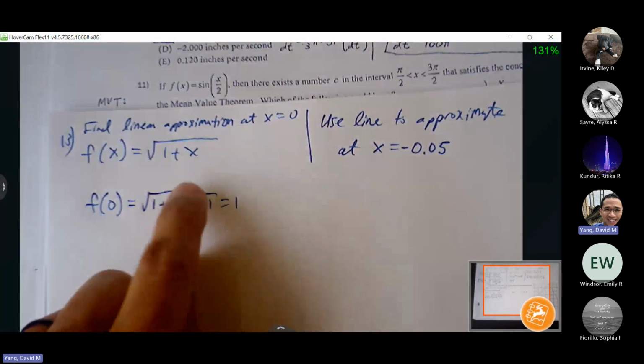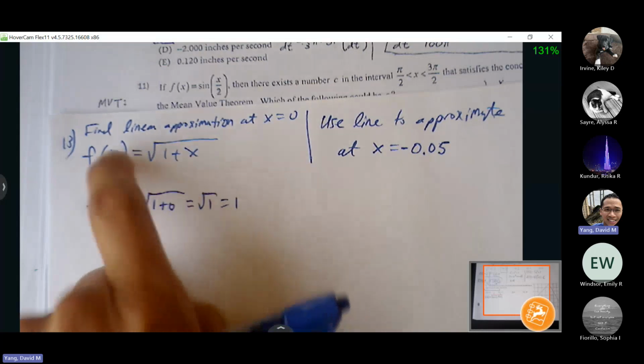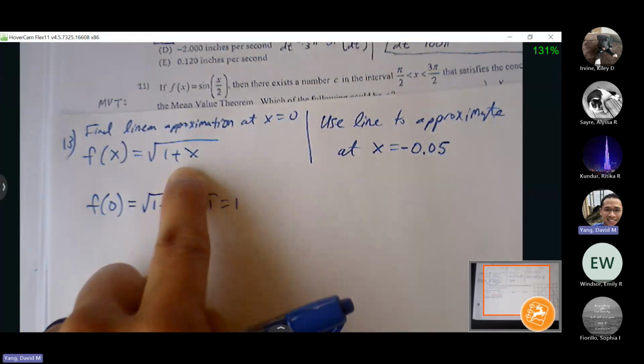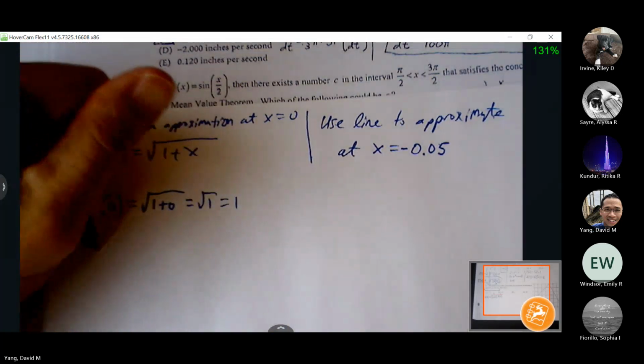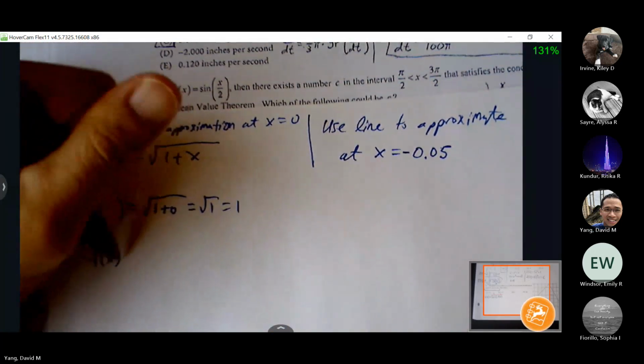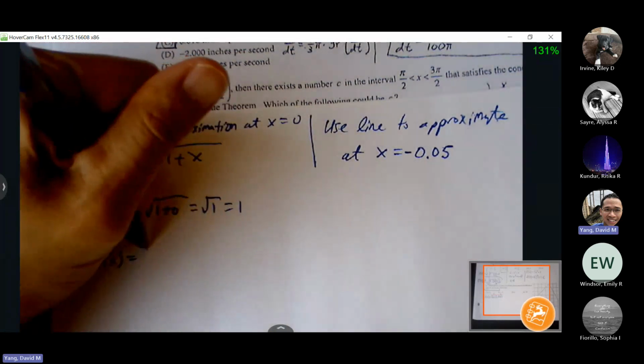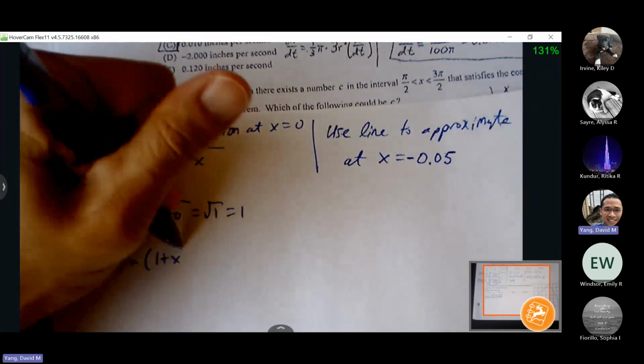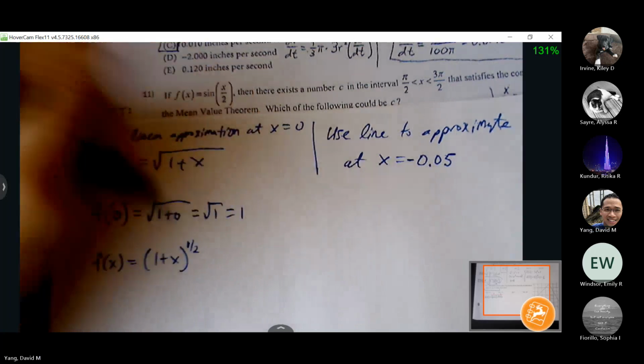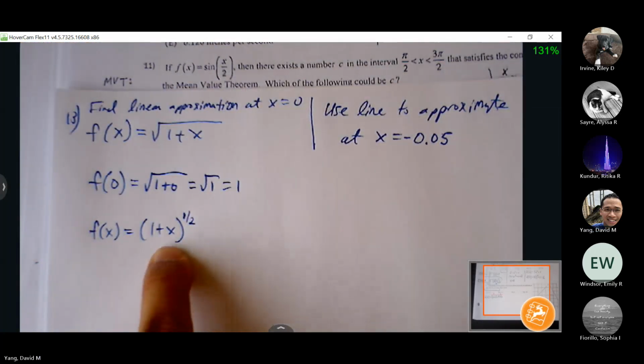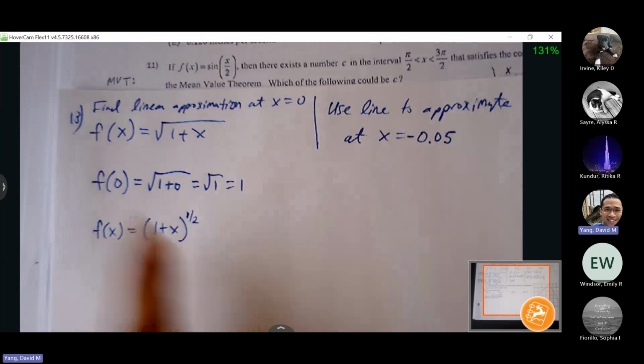To find my slope, I've got to get to my derivative. To get to my derivative, I've got to go through a little bit of what? What's involved here if I want to find the derivative? Outside, inside, so what? Chain rule, yep.